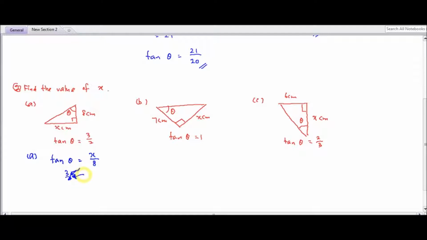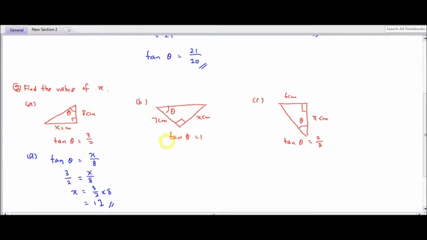How to find x is very easy. x is equal to 3/2 multiplied by 8. Then you get 24 over 2, 12. x is equal to 12 centimeters. Now we get the value of x.